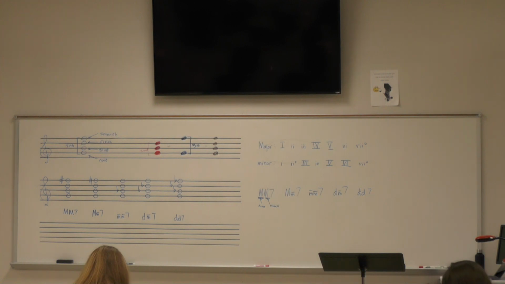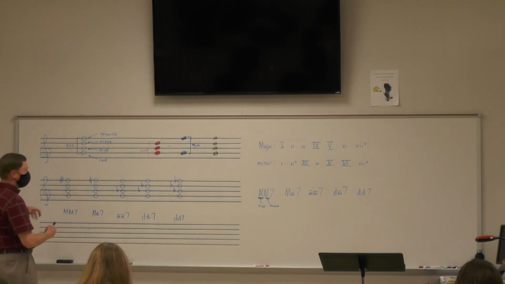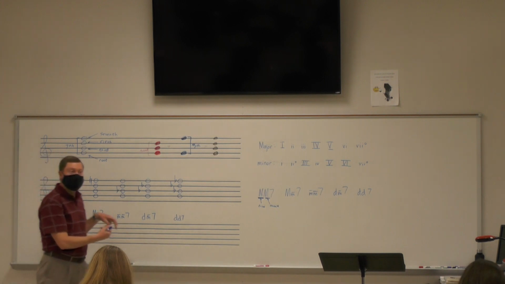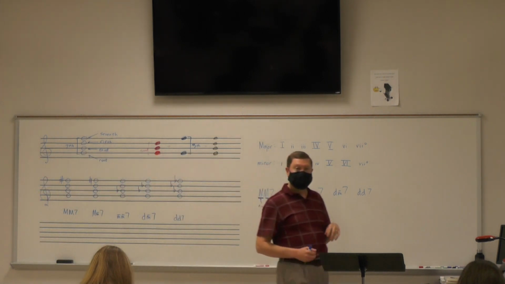Here's a diminished minor. And here is a diminished. You've probably heard a lot of those sounds before, especially in jazz music. And now we're getting into the nuts and bolts and the nitty-gritty of the specifics, like what makes these sounds the way they are.